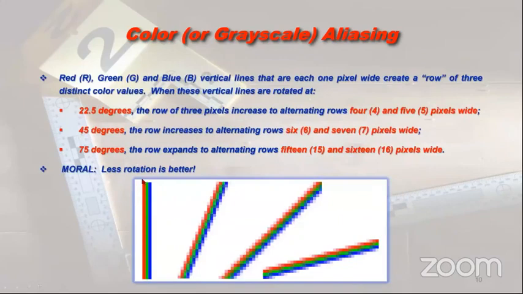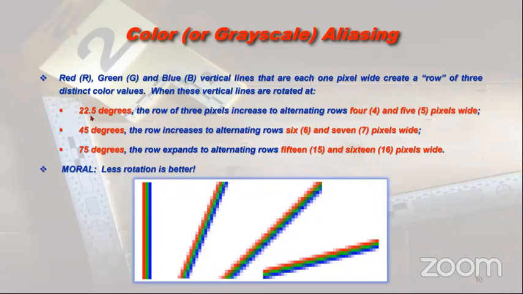90 degrees is permissible, but when we get into different variations on that, here's what we are talking about. If I have 3 pixels, 1 pixel red, 1 pixel green, 1 pixel blue, lined up in a column, if I start to rotate that column, you can see how those different color values are then going to be affected based upon the degree of rotation.